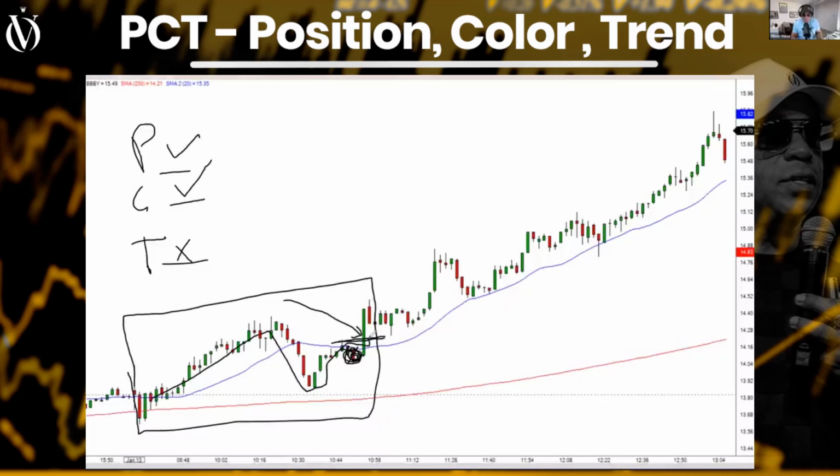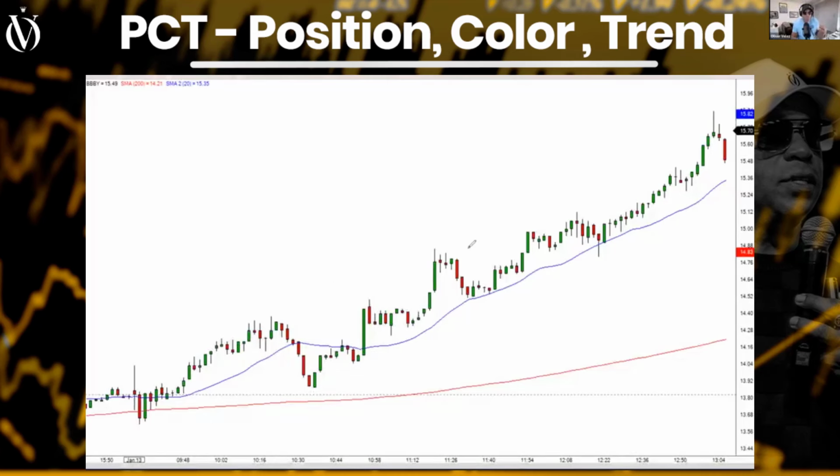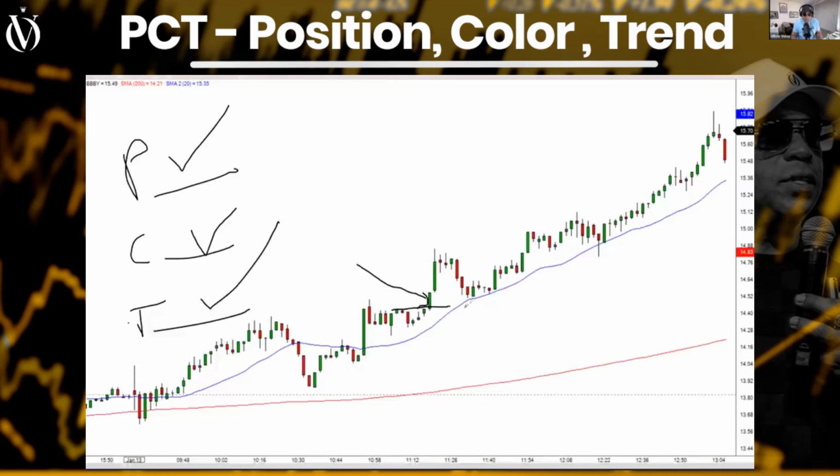At this point, it's still kind of a two-color thing. It's a two-pass. It's not the best trade, which would have your position, your dominant color, and your trend back intact. Here, the same. Here, the same.